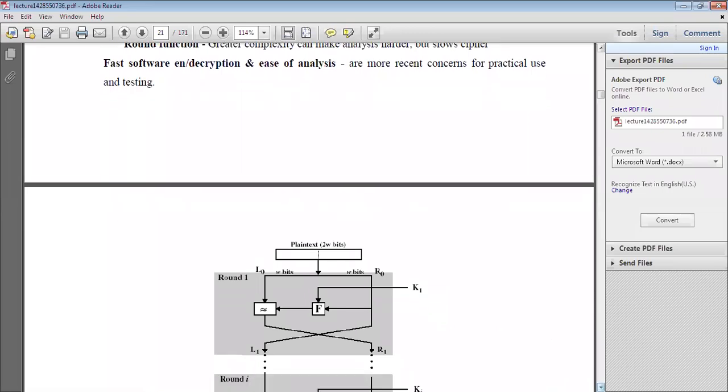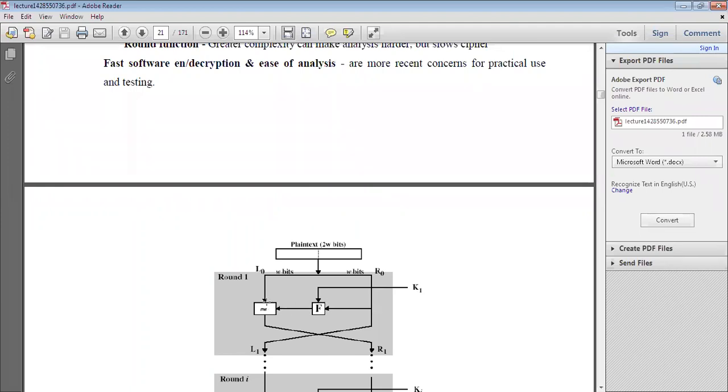In the first round, what do you do? You apply the key to the right side bits, and when you apply it you get some ciphertext.